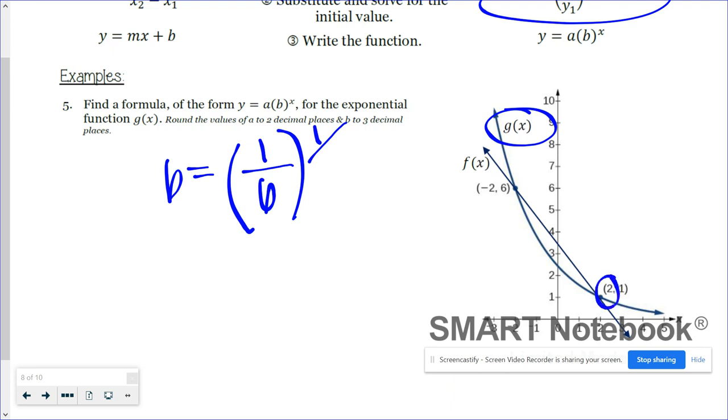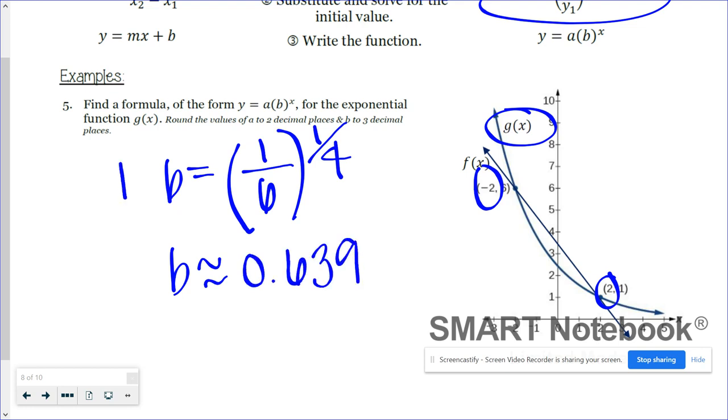So 2 minus negative 2 is 4. I'm going to calculate that and round to 3 decimal places, because that's what the directions say. So b is approximately 0.639. That's step 1, find the change value.